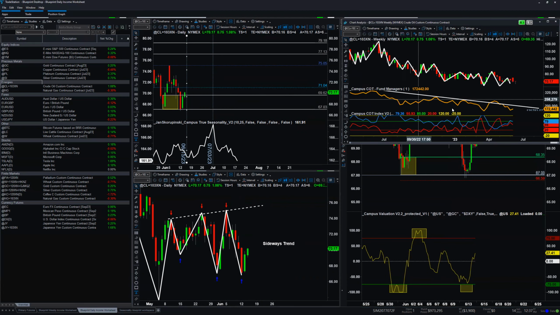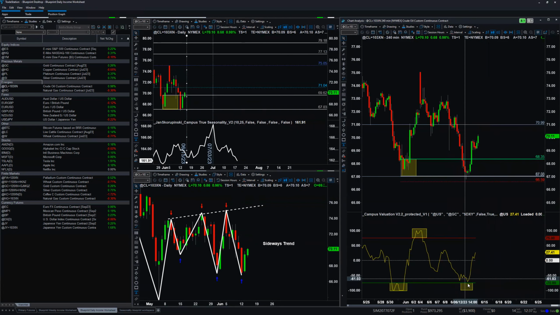So the commercials were buying. The retailers weren't selling, so it could have been a better COT setup, but the commercials were buying at least. We were undervalued. We were in low. It's just a sideways trend. The seasonals are bullish, so not a whole lot speaks against that trade.